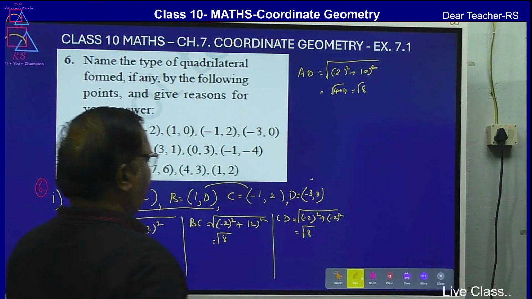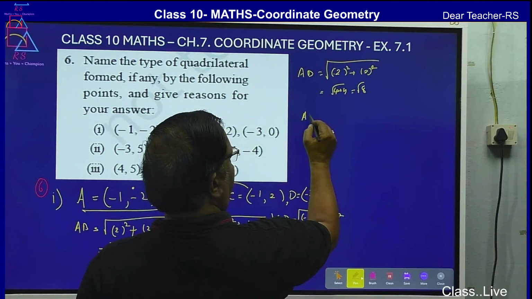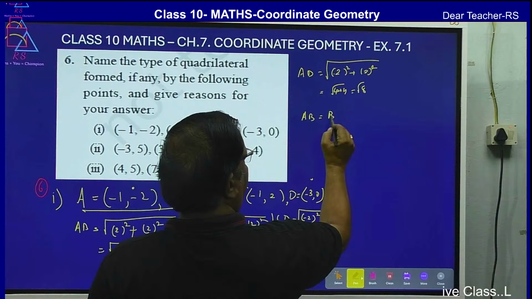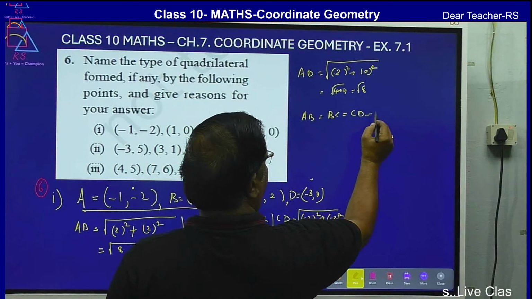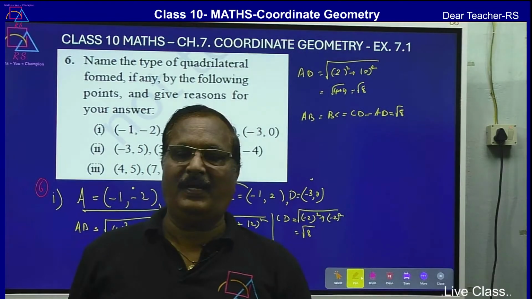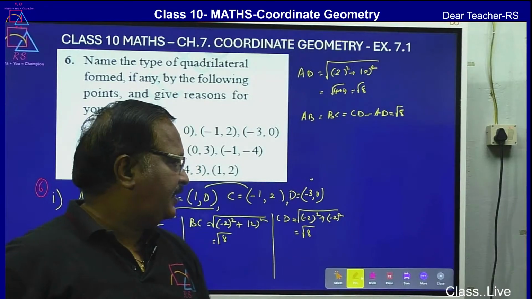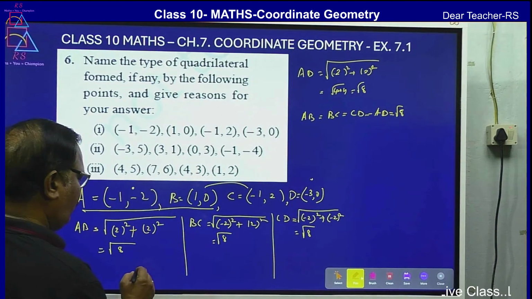So now we have got all sides: AB equals BC equals CD equals AD equals root 8 units. All four sides are equal. But all four sides being equal, you cannot simply say it is a square.